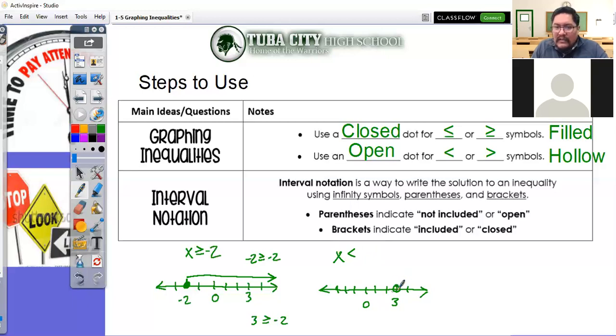Now, just like an open door, I cannot land on that door. If I tried to go through the doorway, I would go right through. So in this case, if I pick 3, I can't pick 3. And if I put 3 as x, I run into a false situation. 3 is less than 3.